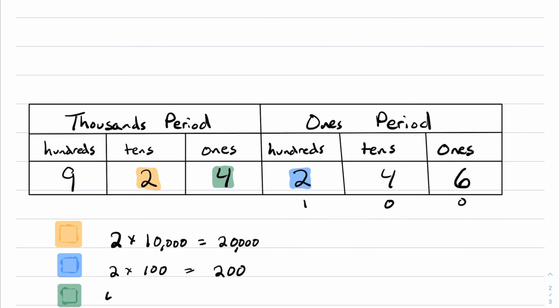We're going to take our 4 and multiply it by a 1 here. Add 0, 1, 2, 3. So 1,000. 4 times 1,000. So we get 4 times 1, which equals 4. Add our 3 zeros, and we get a value of 4,000.